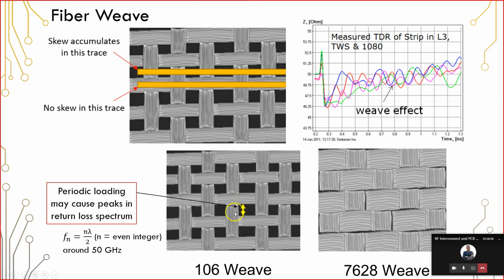The resonance occurs when you have a half wavelength resonance here, and that half wavelength resonance builds up to very high amplitude. As a result, you would get a very strong electromagnetic wave built up here, and it would appear as if you have very large reflections traveling backwards along a trace that passes over these voids. So this is another reason to use a very tight weave.